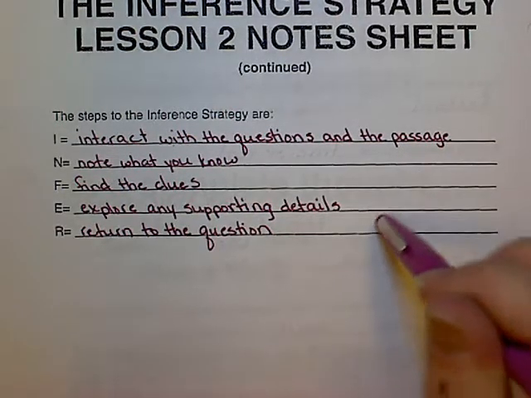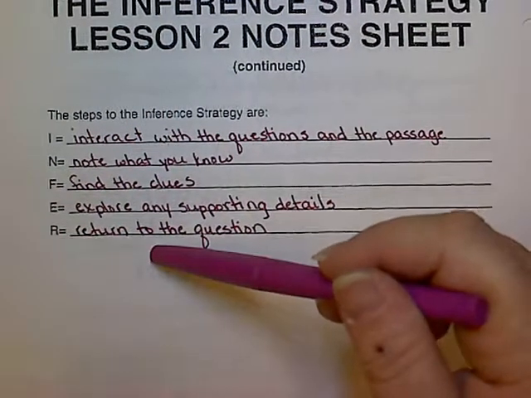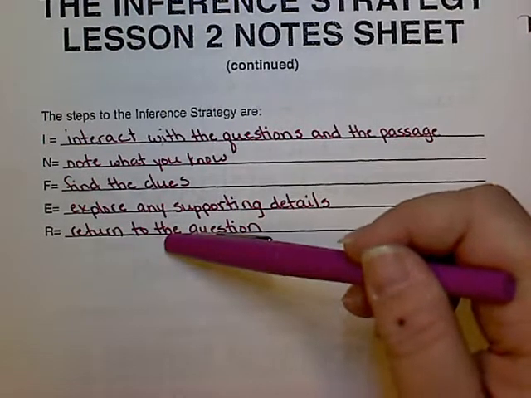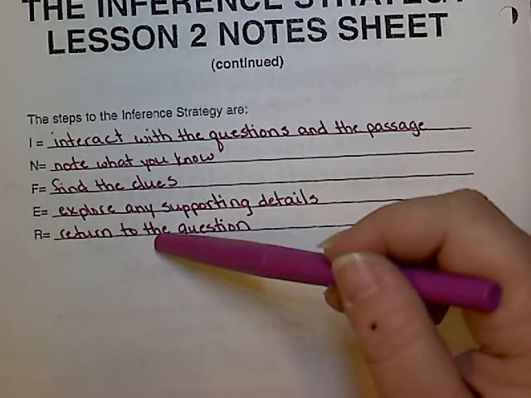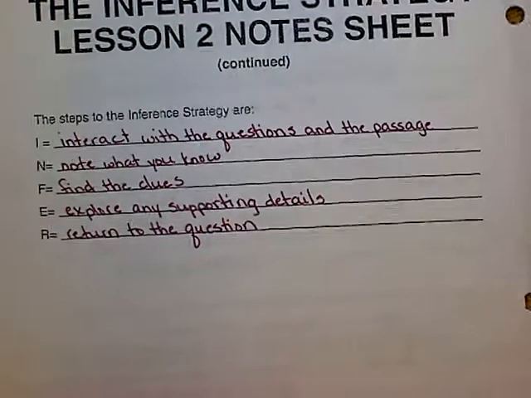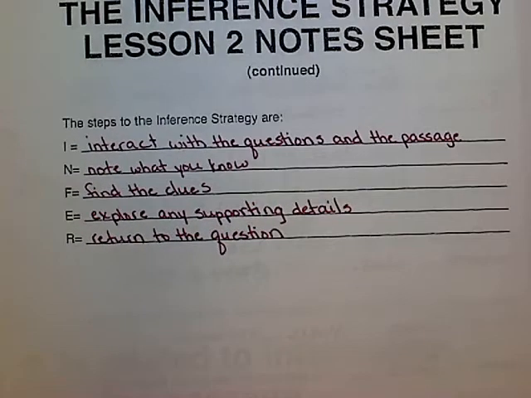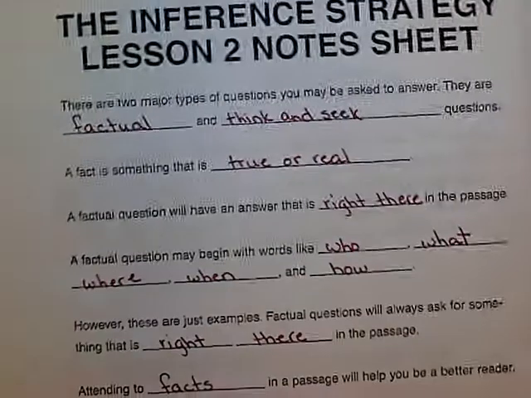So when you come to me for our independent practice on the passage, you need to bring 2 sheets with you: the Lesson 2 Passage 1 sheet, and you also need to bring your notes. If your notes are filled out completely and correctly, I will give you a grade for them right then and there. So make sure you bring both of those with you before you come see me.